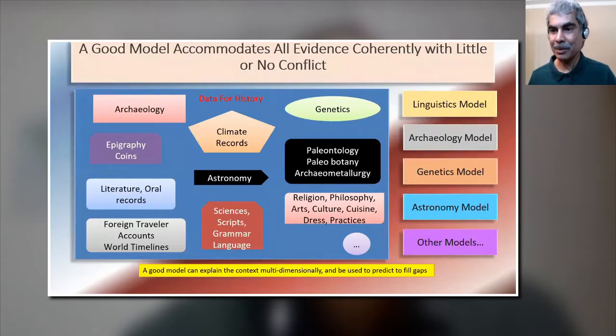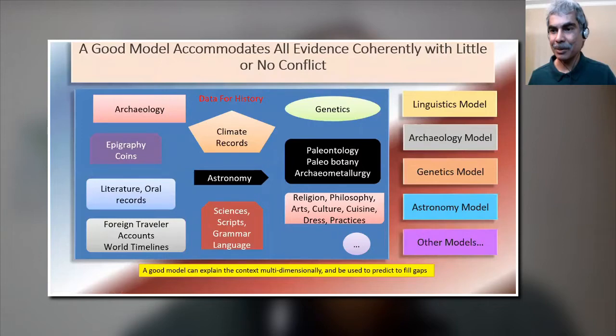So I'm saying a good model should be able to explain the scenario coherently with little or no conflict. And I'm saying we have a boatload of data available for history today, whether it's from archaeology, epigraphy, literature, oral records, foreign traveler accounts, science, script, grammar, astronomy, genetics, paleontology, religion. So many pieces of data are available for us.